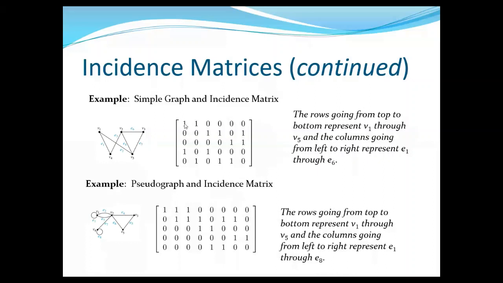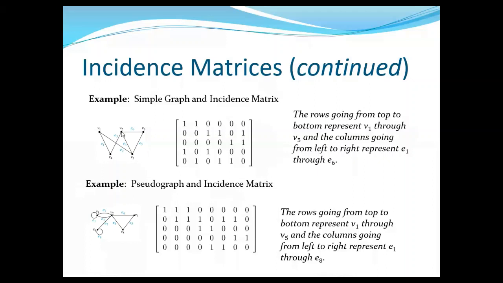The columns are represented by the edges, that's why we need to label them. We have a value of 1 if we have E1, and if we don't have E1, it will be 0. Same with the other edges. For example, for V1, we have E1 and E2, so this is 1, 1, and the rest will be 0.